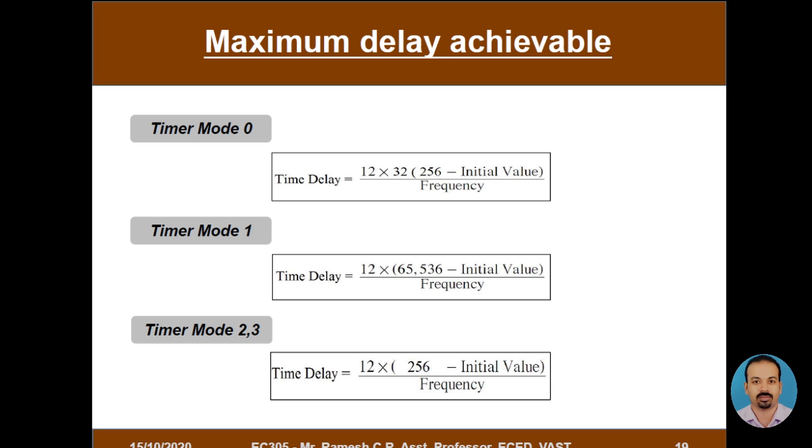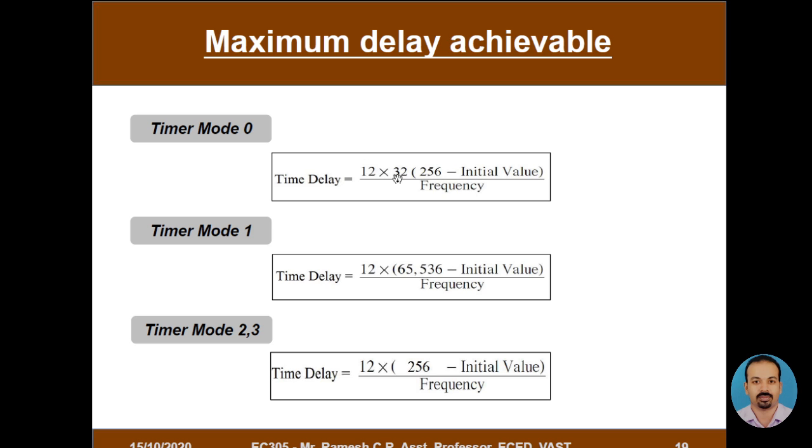Now if you look at the maximum delay achievable in each mode of operation, in timer mode 0 the maximum delay involves 12 into 32, that is the initial pre-scaling. By default the oscillator frequency is divided by 12 alone, but in mode 0, the 5-bit value present in the TLx register also provides a pre-scaling operation.